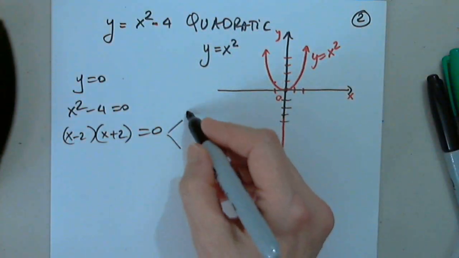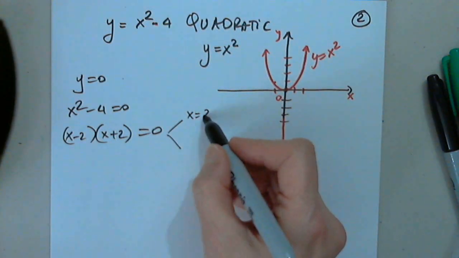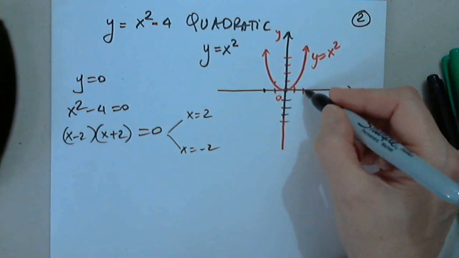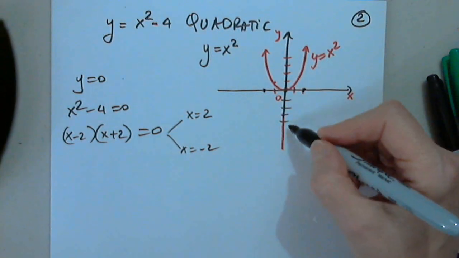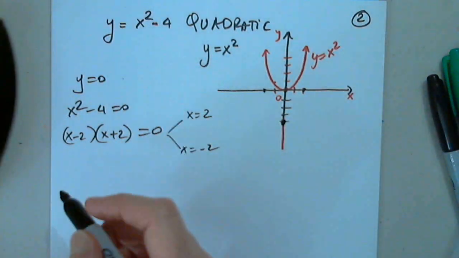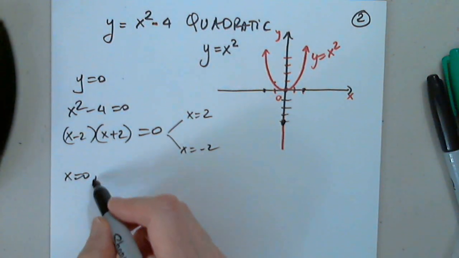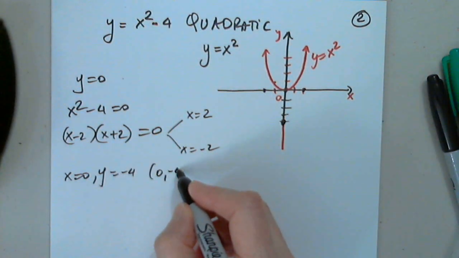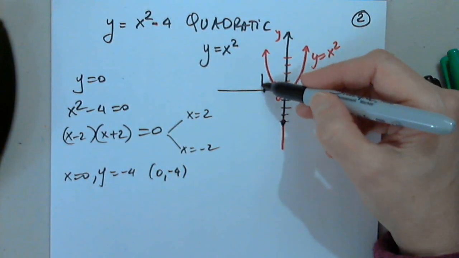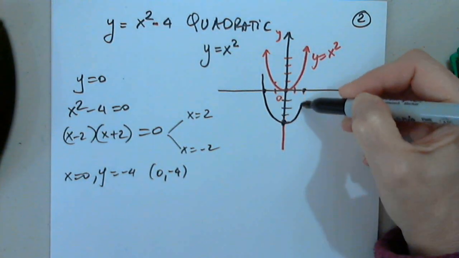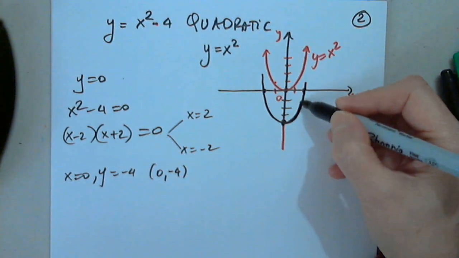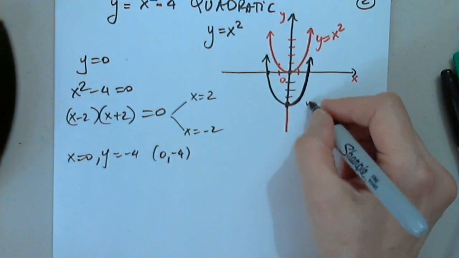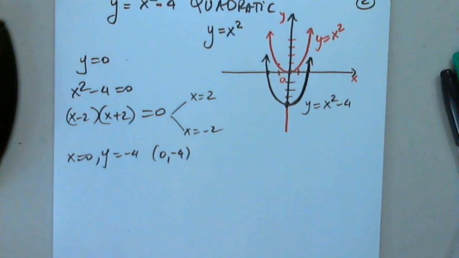So then we have x equals 2 from here and -2 from here. So we know that it will cross the x-axis, and of course when x is 0, y is -4, as we just did with the linear equation. So here it is. My graphs cannot be perfect, sorry about that. So this is x squared minus 4.